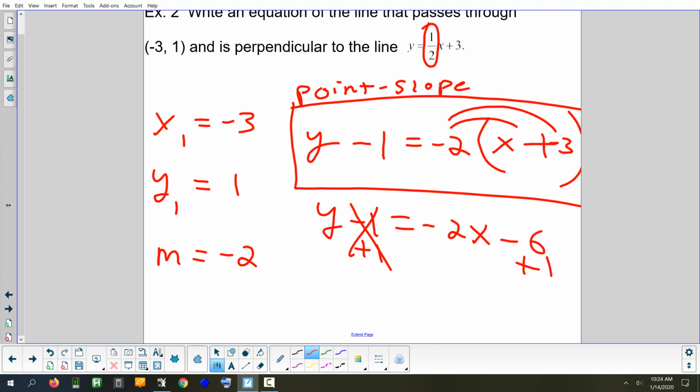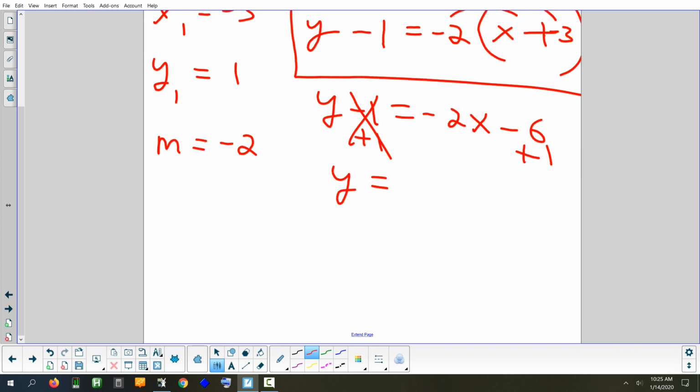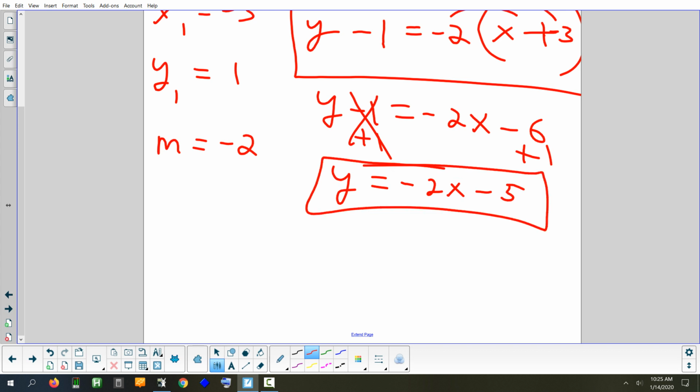That's gone. Only thing on the left-hand side now is y. Blake, what's going to go on the right? -2x. -5. Is that slope intercept? Yes, it is. But it's not a plus, it's a minus. That's okay. It can be a plus or a minus.